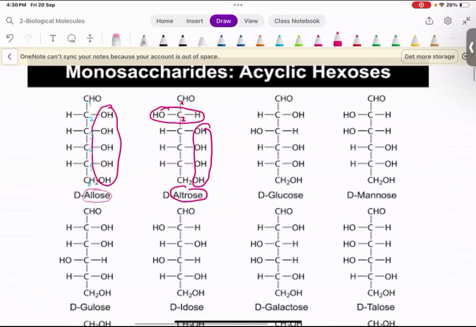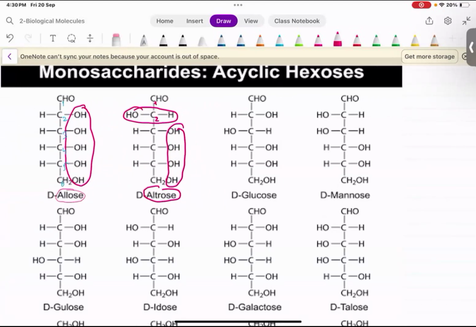If carbon number 3 has an OH group on the left side and the rest are all on the right side, then it is glucose. But if the hydroxyl groups on carbon number 2 and carbon number 3 are on the left side and the rest of them on the right side, then it is another molecule, which is mannose.